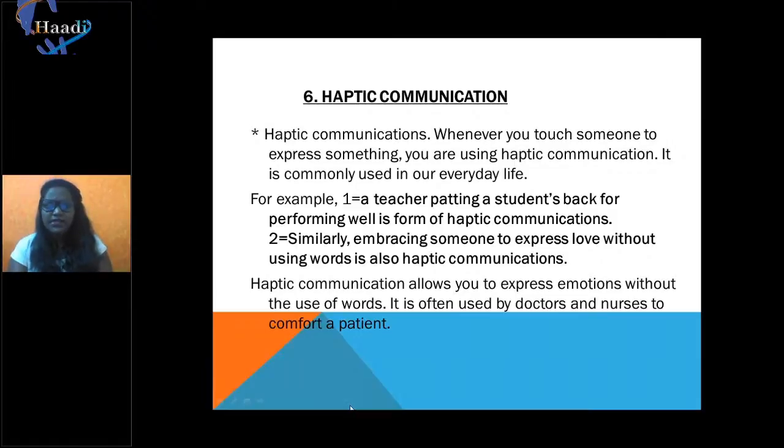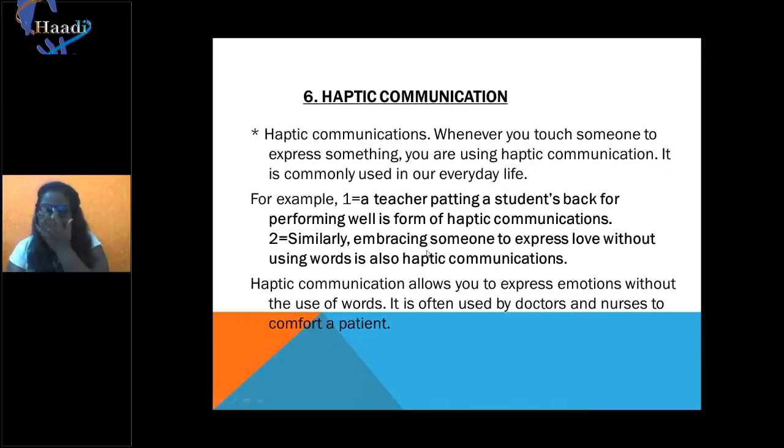And haptic communication might go wrong as well. You should not make someone feel uncomfortable with your haptic communication. We should make sure we are doing it in a proper way. Haptic communication allows you to express emotion without using words.